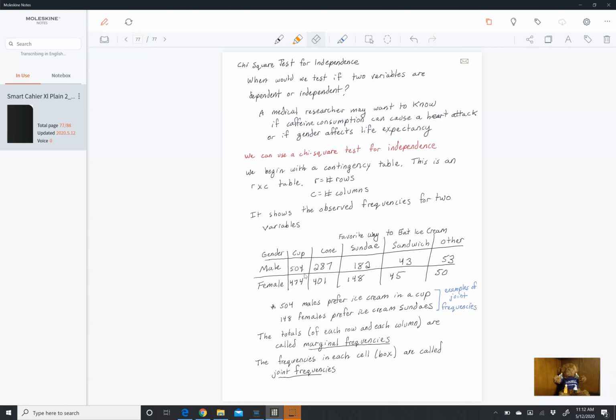Okay, just like in our last lecture, in order to do a chi-square test, we need expected values. So the expected frequencies. These are our observed frequencies.